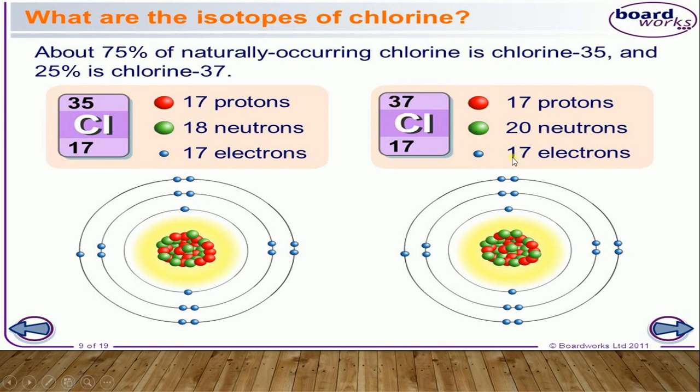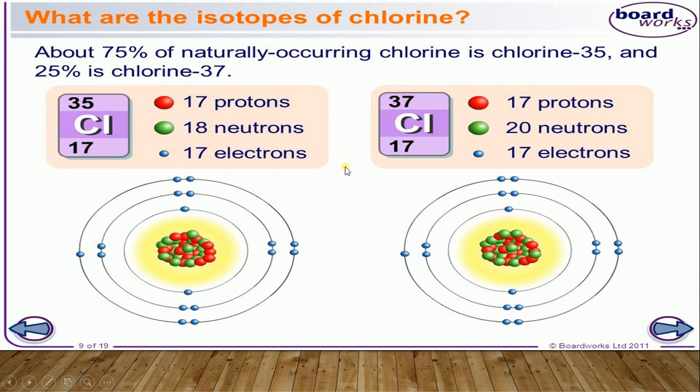So the number of electrons is the same as the protons. Here you can see in the diagram that inside the nucleus there are a total of 17 protons. The red balls indicate the proton number and the green balls show the neutron number. So the electrons are the same as the number of protons. About 75% of naturally occurring chlorine is chlorine-35 and only 25% is chlorine-37 in nature.